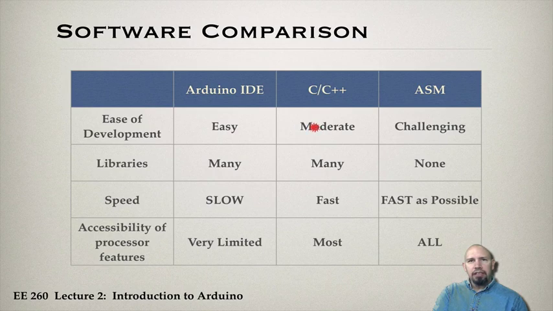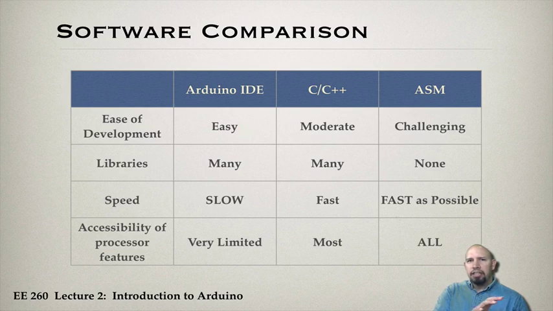C or C++ is of moderate complexity. Now, you can actually do pretty complicated things with C and C++, but in terms of the difficulty of programming, it's moderate. It's not a horrible programming language. But it's moderate in terms of its ease of development. It's not as easy as the Arduino IDE.